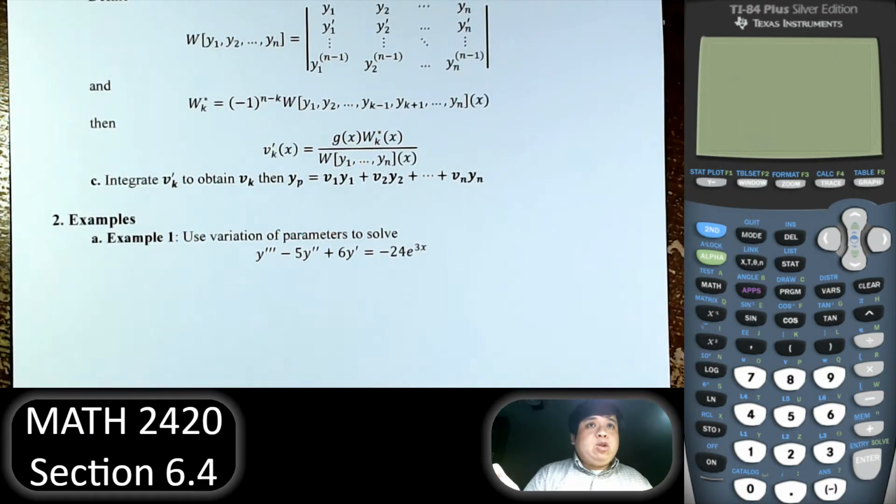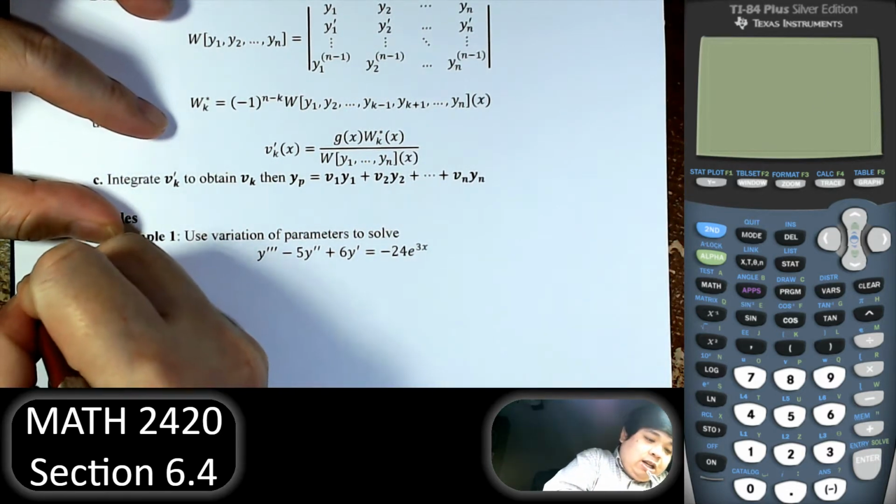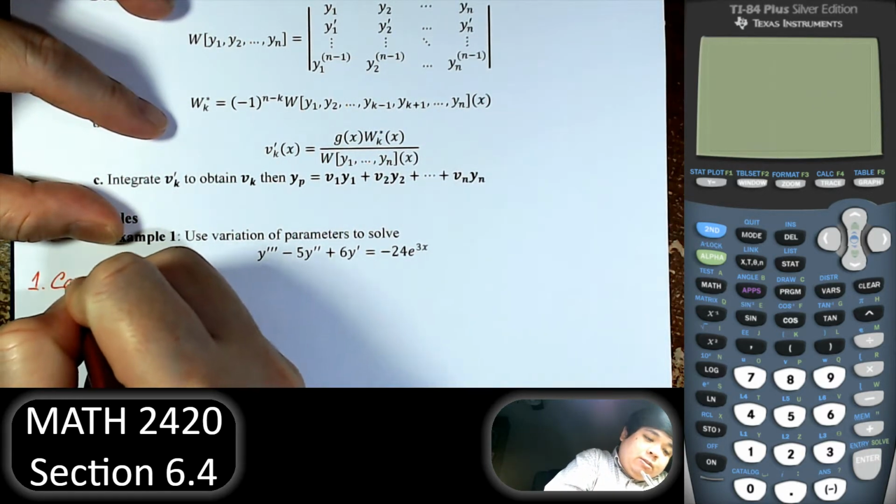So the first step is always to get the complementary solution. We need to have y1, y2, and y3.